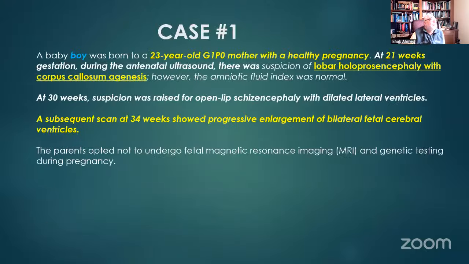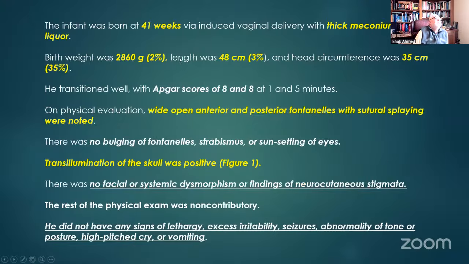So, okay. This infant was delivered at 41 weeks because there was thick meconium at the time of delivery. The birth weight was 2,660 grams, only the second percentile. Length was at the third percentile, 48.3 centimeters.